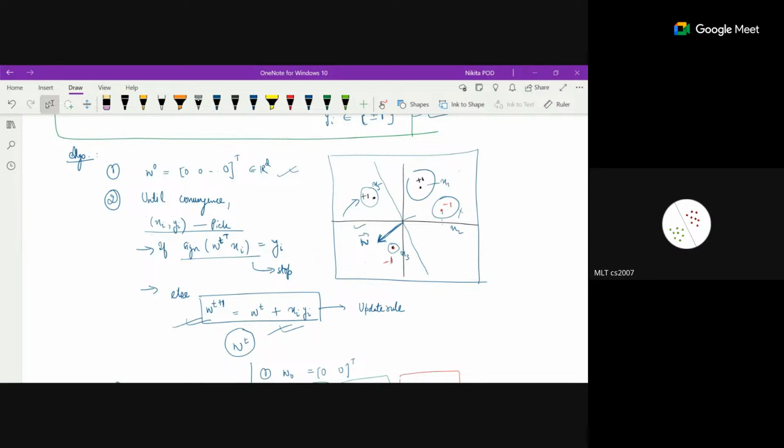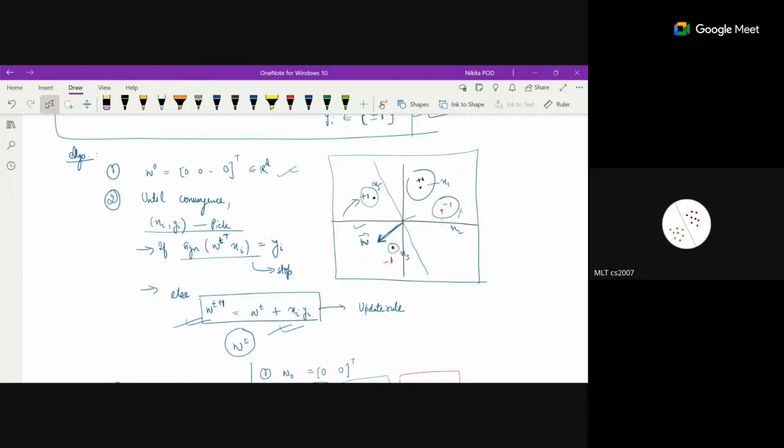Data point is fixed, no? You have x1, y1, x2, y2, up to xn, yn. How can data points increase or decrease with the iteration? No, I'm asking, can the number of iterations, like one, two, three, exceed n?